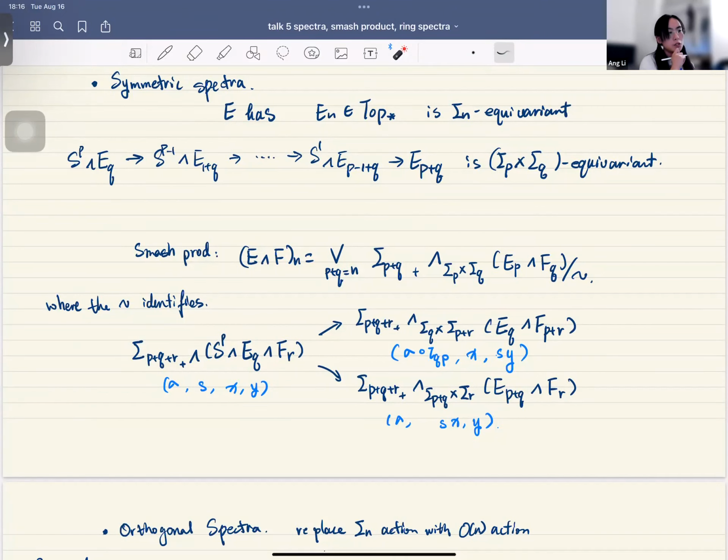But the most modern way to understand orthogonal spectra is to construct an orthogonal category and think of orthogonal spectra as a functor out of that category. But I am not going to go there, given the time restrictions.